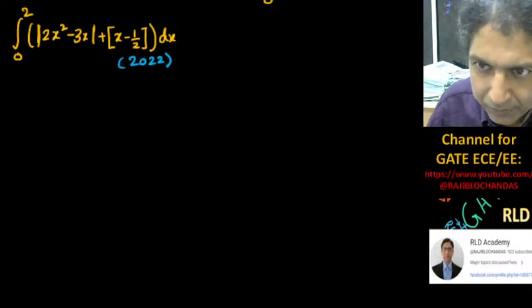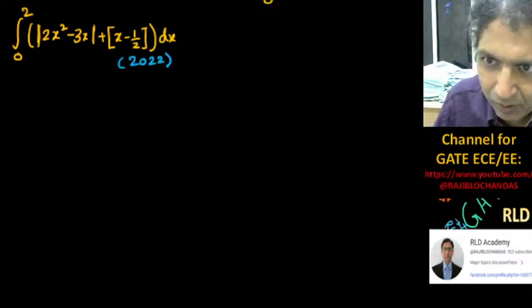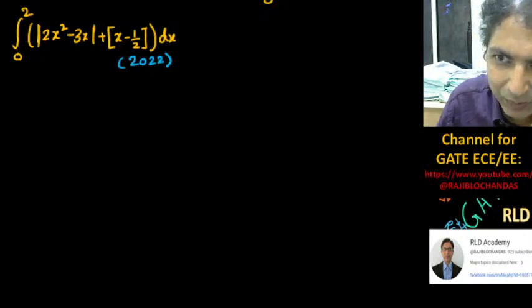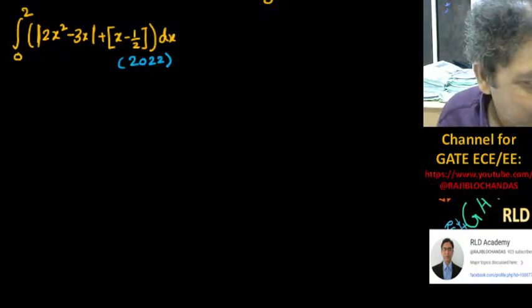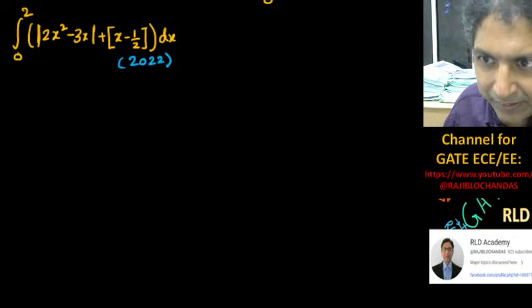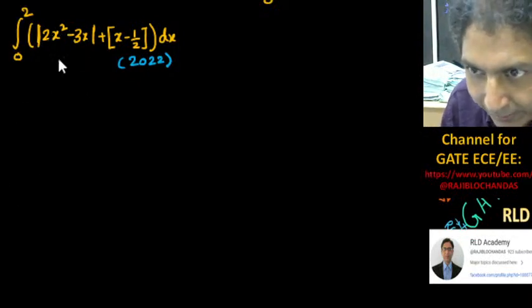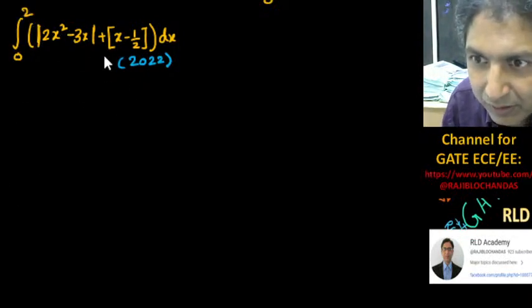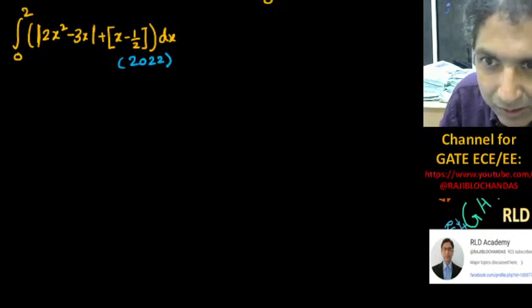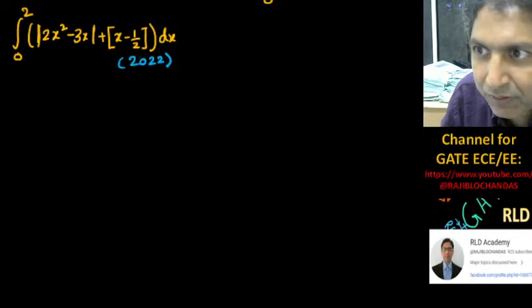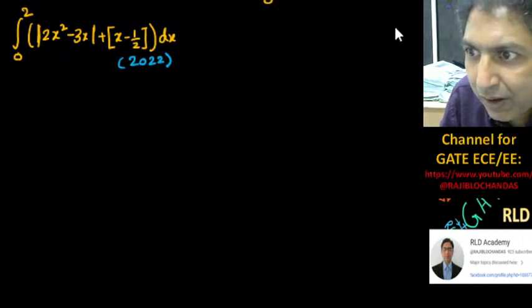So this is a combination of these two: one is the absolute function, the other one is the greatest integer function. I think this problem you can easily handle, because we have already discussed all the things. I will show you the steps, how to proceed.